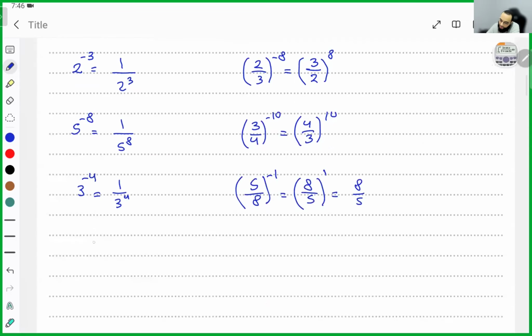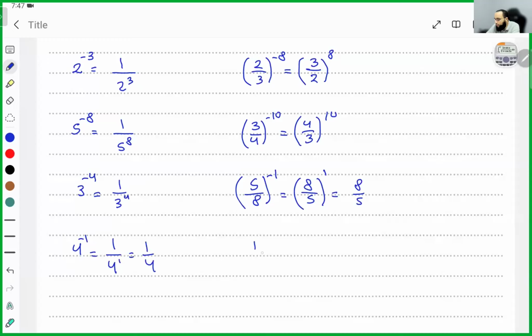Okay. If it is 4 power of negative 1, then it's going to be 1 over 4 power of 1, which is 1 over 4. Something like this.